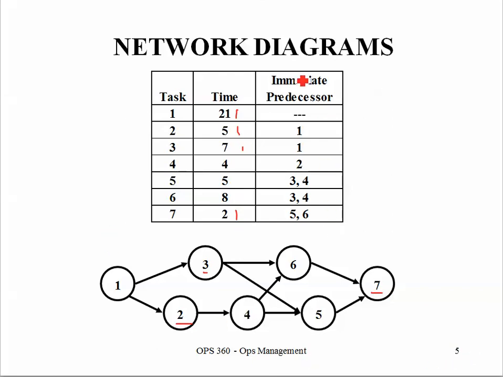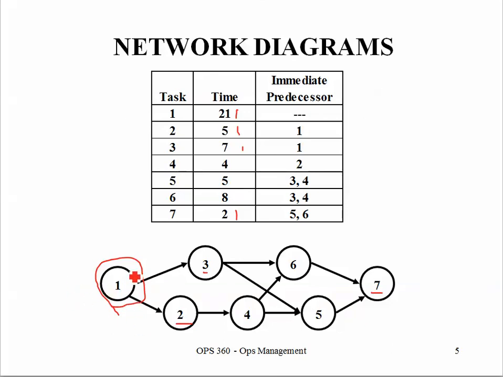Now the third column up here, immediate predecessor, gives me the information that's contained in the arcs or arrows going from one node or one task to the next. So a blank here indicates that task 1 has no immediate predecessor. It must be done first, and nothing else can be done before it.